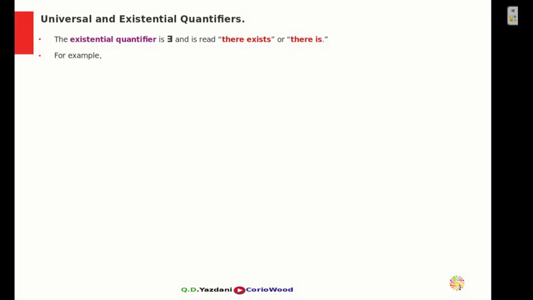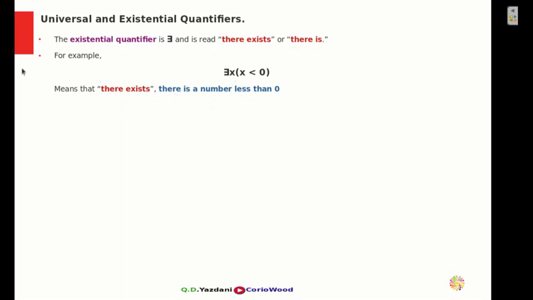Okay, and the example is there exists, there is a number less than 0. So we have there exists x, that's how we're going to read it. There is x, and this x is less than 0. So there is a number less than 0.